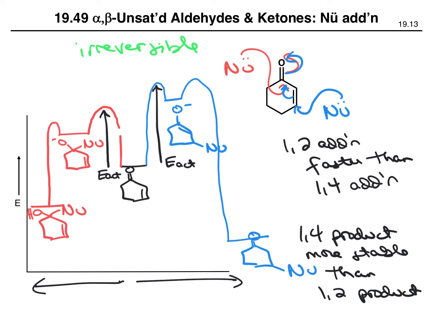So when it's irreversible, you will get 1,2 addition. When the reaction is reversible, well, it's still going to go 1,2, but then the system has a chance to equilibrate to lead to the more stable product. So if the reaction is reversible, then you're going to get 1,4 addition.